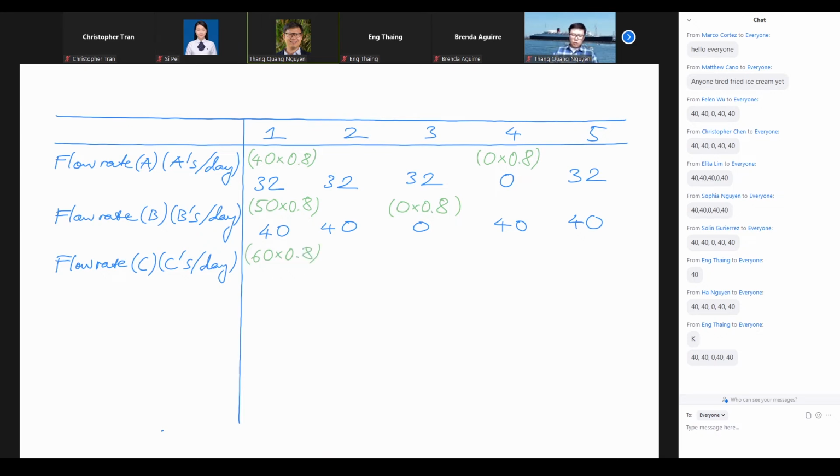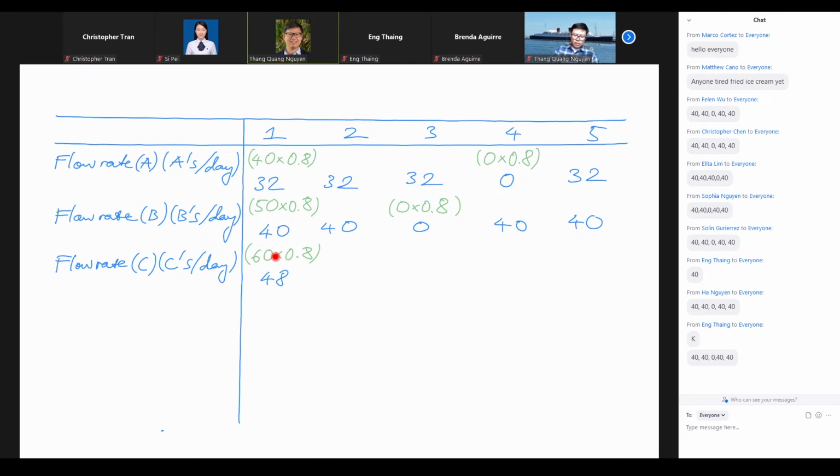So we multiply that 60 with that 0.8, and then we have 48, right? So earlier we talked about 40 divided by 50 divided by 60, and now we have 32 divided by 40 divided by 48. But the proportions are the same as before, right?